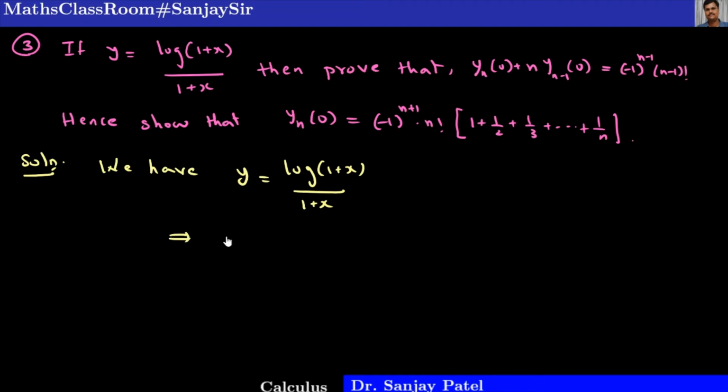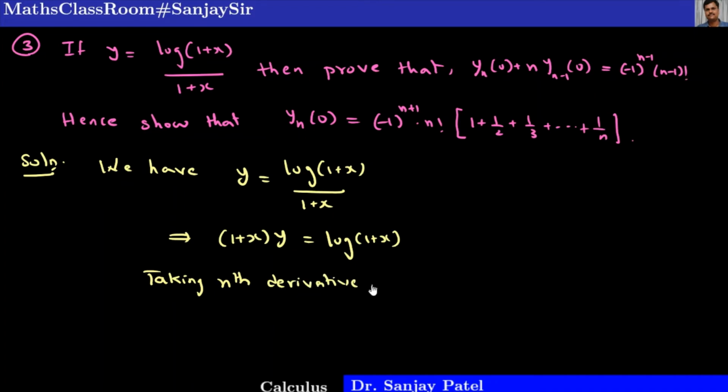So let us take the cross multiplication. 1 plus x into y is equal to log of 1 plus x. Okay. Now we take nth derivative in this. So let me write this way. Taking nth derivative on both the sides.